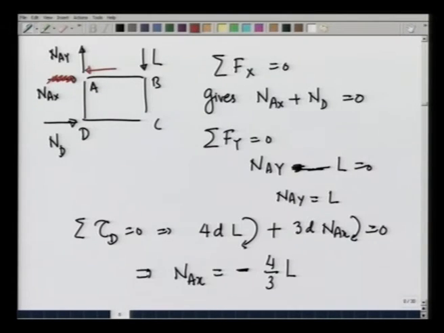So, this is N A X, and from the equation N A X plus N D equals 0, N D also comes out to be in the right direction, 4/3 L.